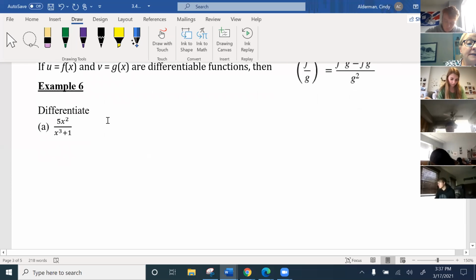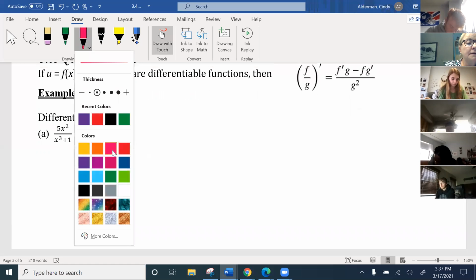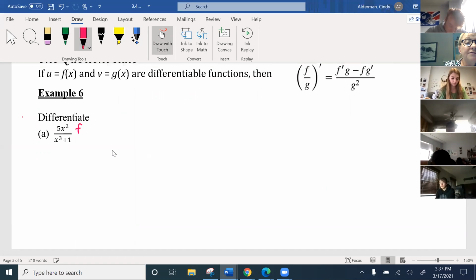Okay, so here's our F and here's our G. So if we want to do the derivative of F over G, we're going to do F prime G. Well, you don't need to write the formula again. Let's just follow this formula.